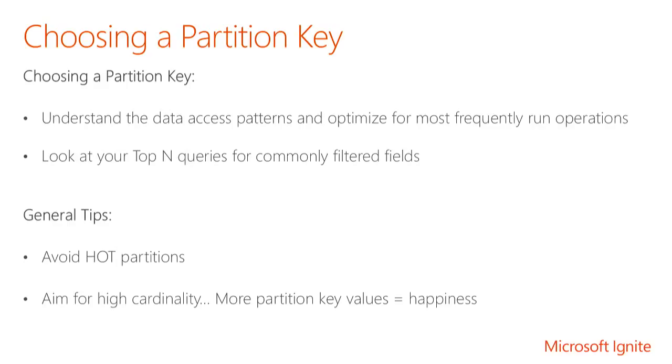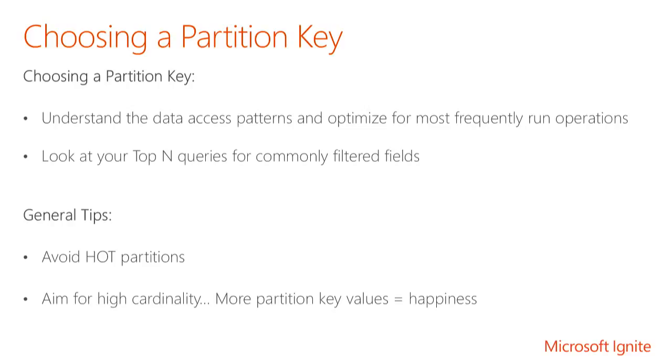Otherwise, make sure you avoid hot partitions and aim for high cardinality. More partition key values is always happiness. There are some tricks for how you can increase cardinality. An example is appending a range of time onto a property. Let's say that I know for a given tenant, the volume can grow quite large over time.